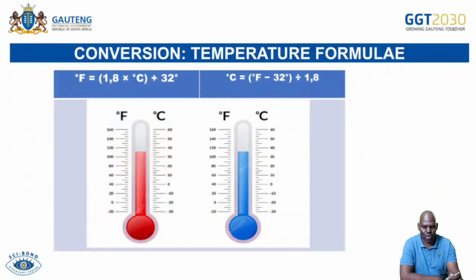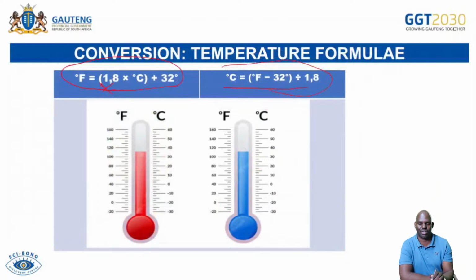Then again, conversion with regard to the temperature formula, you don't necessarily have to memorize the formula, but you need to know how to substitute. If you have to convert from degrees Celsius to degrees Fahrenheit, this is the formula that you are going to use. If you have to convert from degrees Fahrenheit to degrees Celsius, this is the formula that you are going to use.